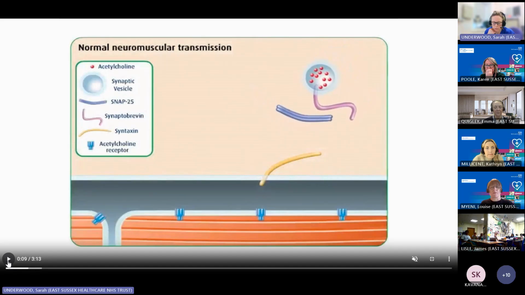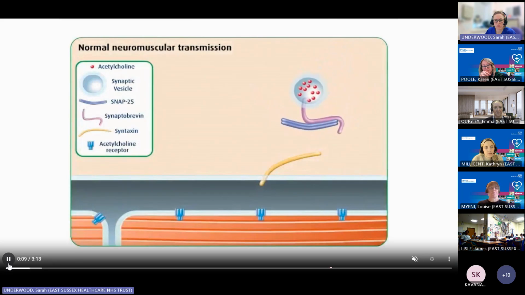If we think about what happens in normal muscle, as I said, within each muscle there are thousands of these units, and when a signal reaches the axon terminal, the snare complex, which includes your synaptic vesicle holding your acetylcholine, binds with the presynaptic membrane, releasing the neurotransmitter acetylcholine into the cleft.